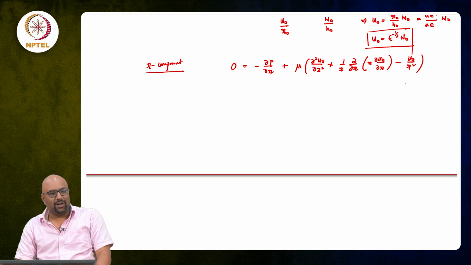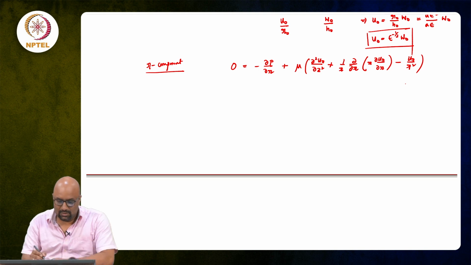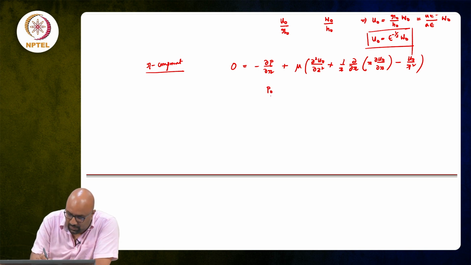Now, let us try to find scales. The pressure scale at this point is an unknown. So, I will say it is P naught. So, this is P naught by R naught. This one is mu u naught by h naught square, right.